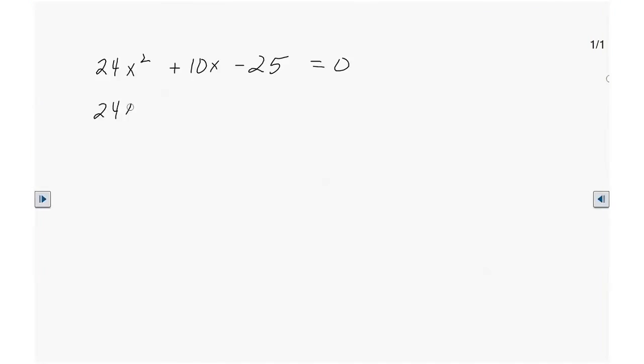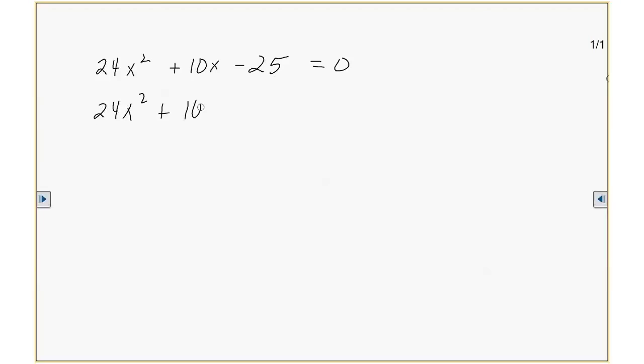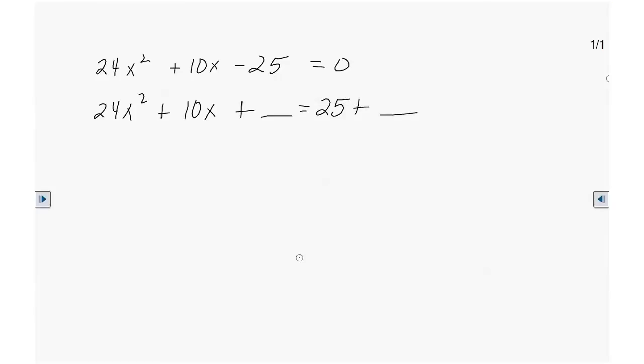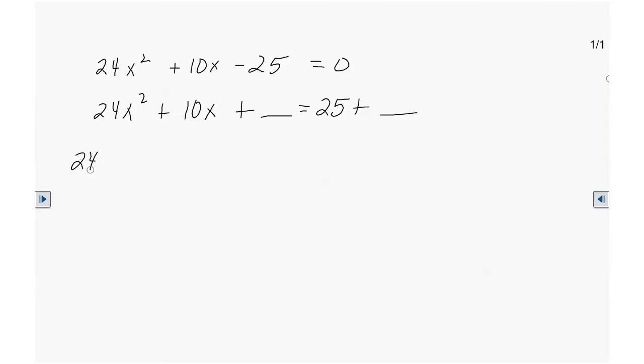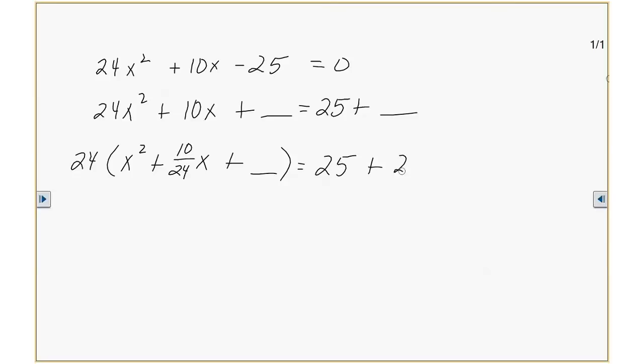24x squared plus 10x plus blank is equal to 25 plus blank. Factor out the 24. Whatever you factor out on one side, you have to multiply by the blank on this side.